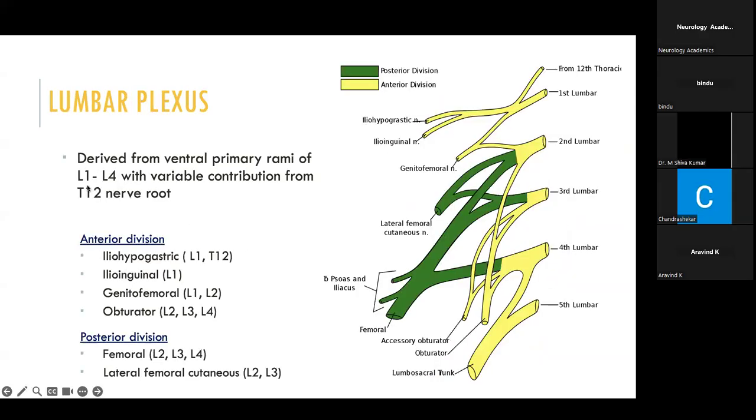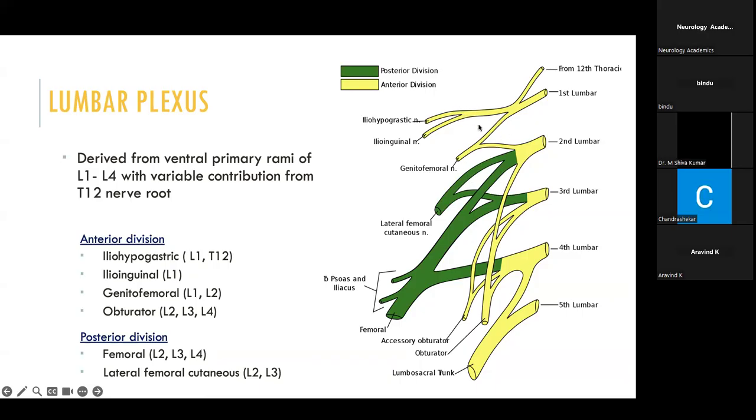And coming to the upper lumbar plexus, it is mainly formed from the ventral primary rami of L1, L2, L3, L4 with some variable contribution from the T12 root. Here we can see this lumbar plexus.